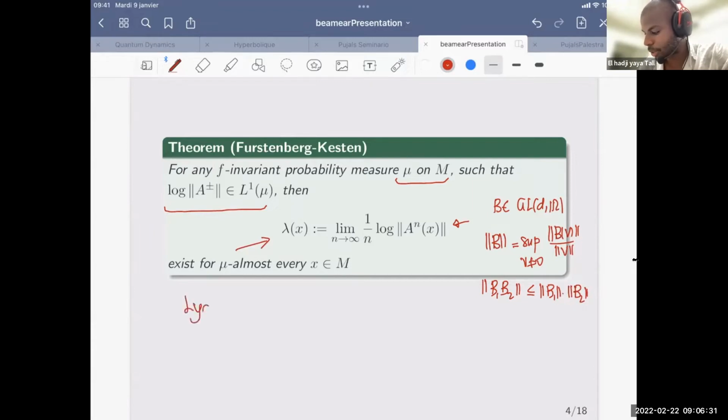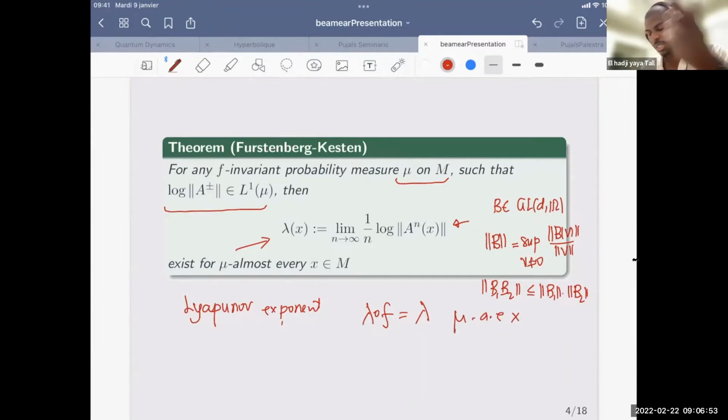It's called the Lyapunov exponent function. This is the Lyapunov exponent for the cocycle. And lambda is invariant, meaning that lambda composed with f is equal to lambda, mu almost everywhere. That implies that if you start with an ergodic measure, lambda is constant.